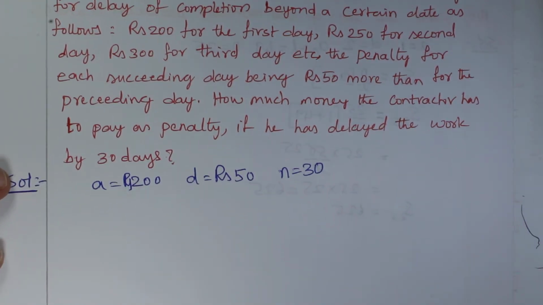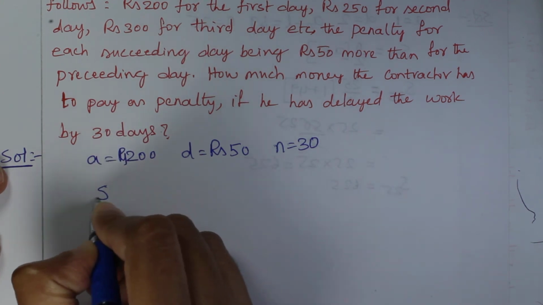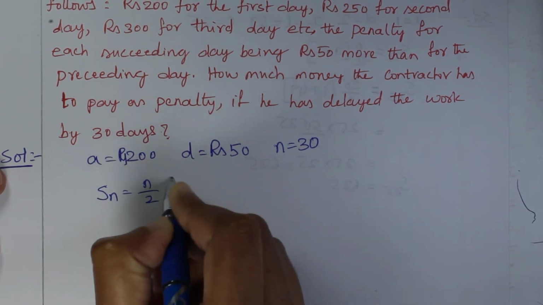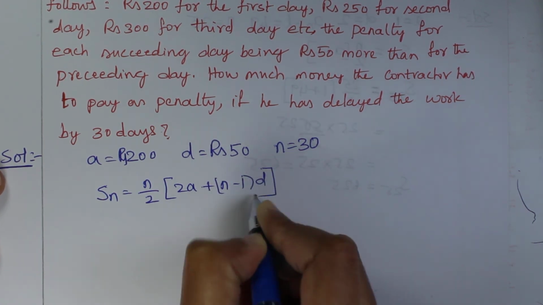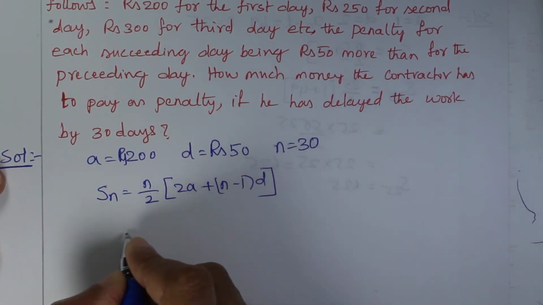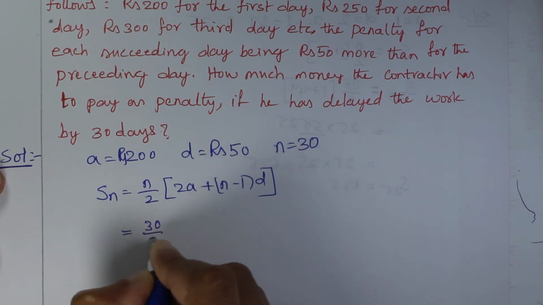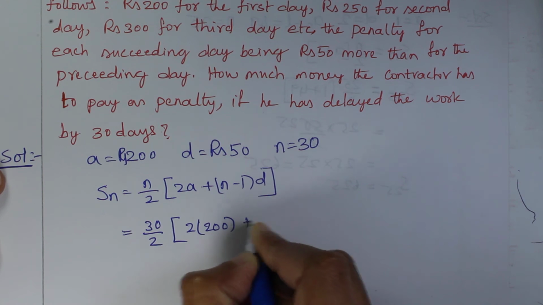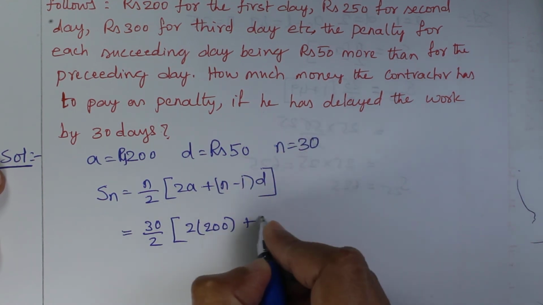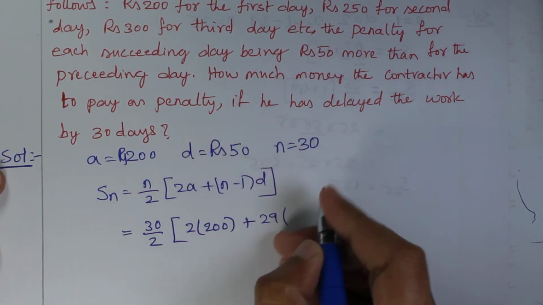Now we know the formula of Sn. Sn is equal to n by 2 into 2a plus n minus 1 into d. So that is equal to 30 by 2 into 200 plus n minus 1, which is 30 minus 1, 29, into common difference d, which is 50.